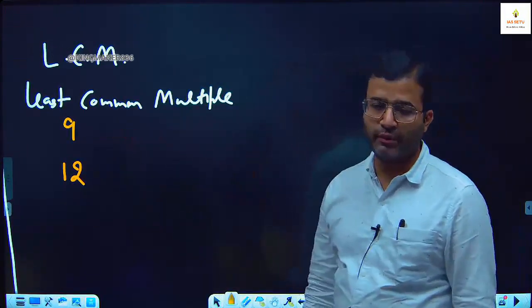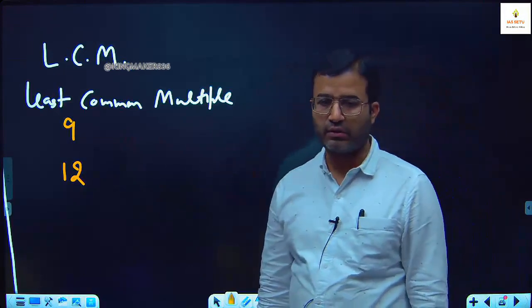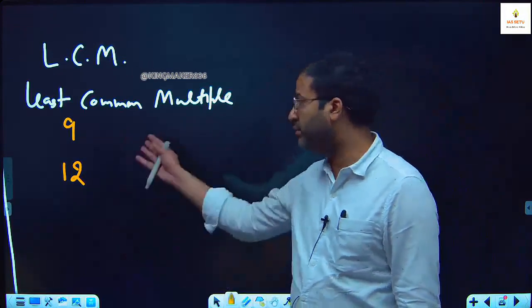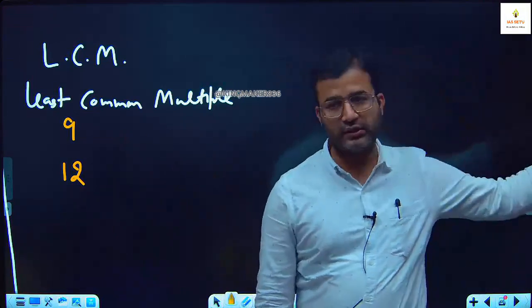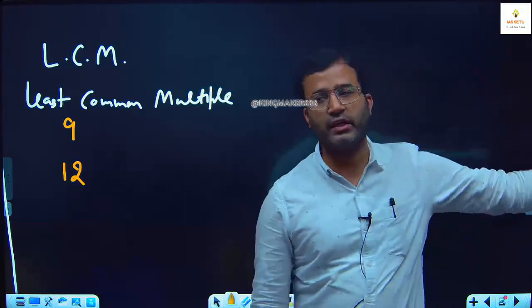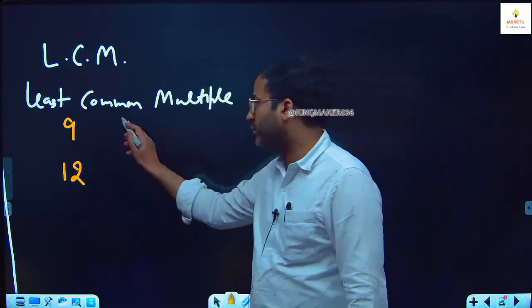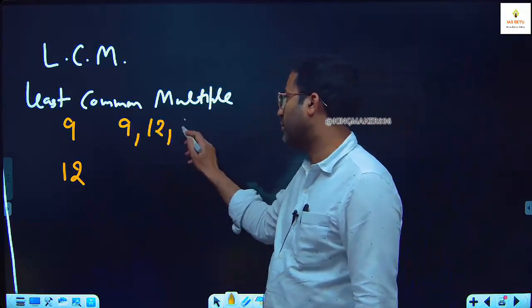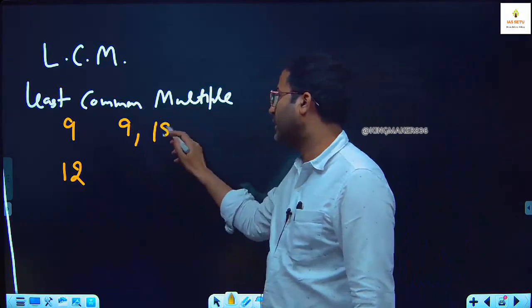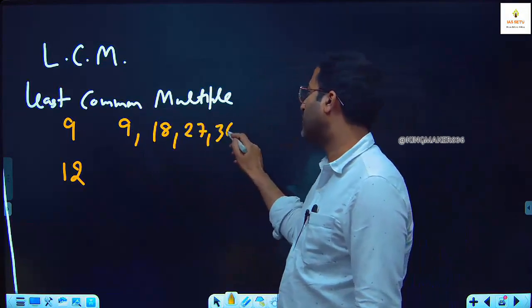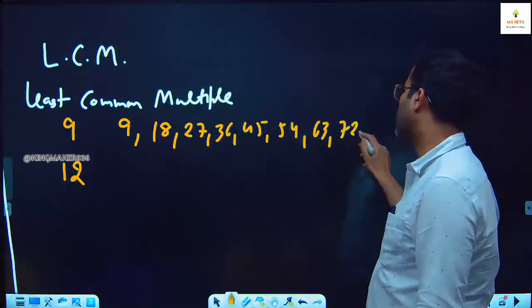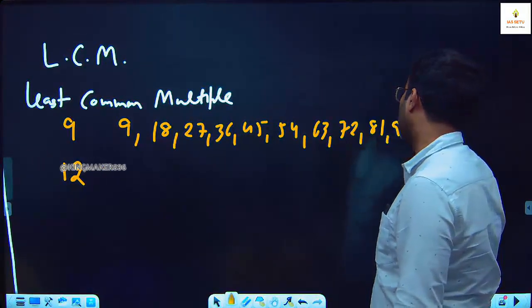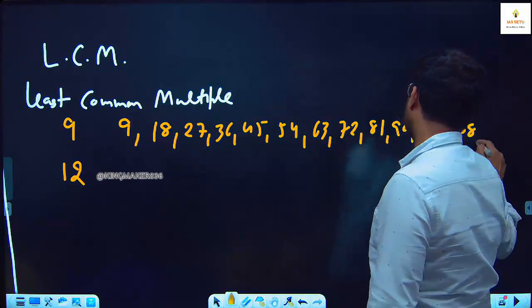How many multiples of 9 are there? वो तो फैक्टर है, मल्टीपल्स पूछ रहा हूं. 9 के कितने मल्टीपल है? इनफाइनाइट. मल्टीपल्स तो चलते ही रहेंगे ना. What are the multiples of 9? 9, 18, 27, 36, 45, 54, 63, 72, 81, 90, 99, 108 and so on.